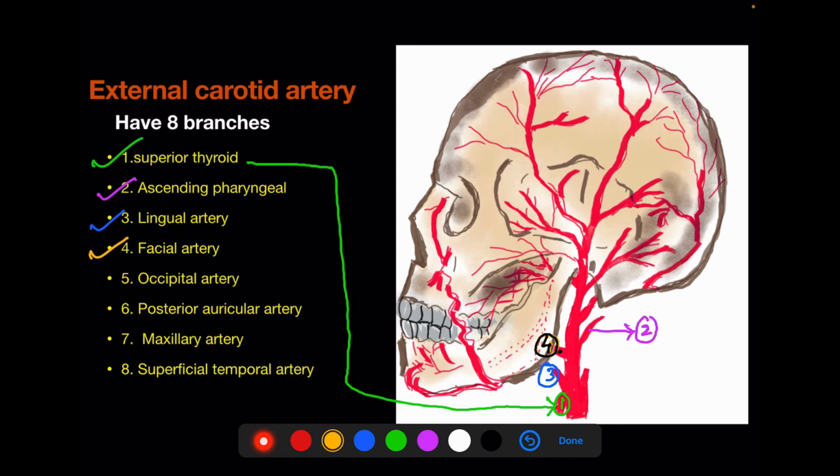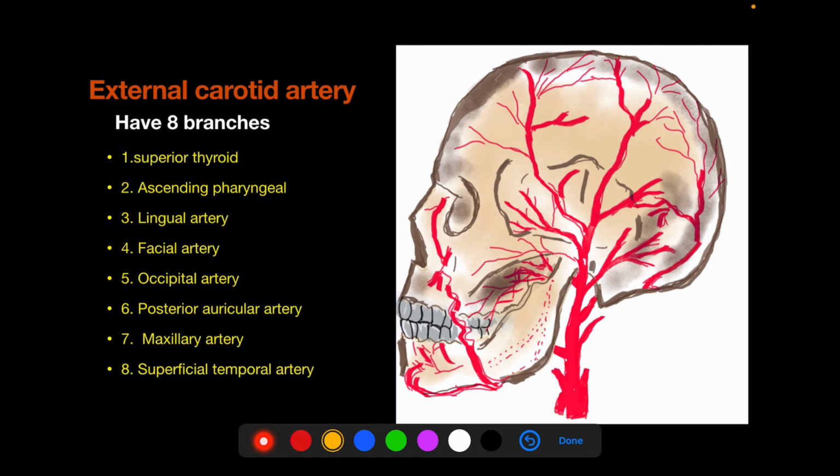Now the next one, that is the occipital artery, which is present here. I am using magenta for the occipital artery. This one is 5. I am using a black spot to identify it.